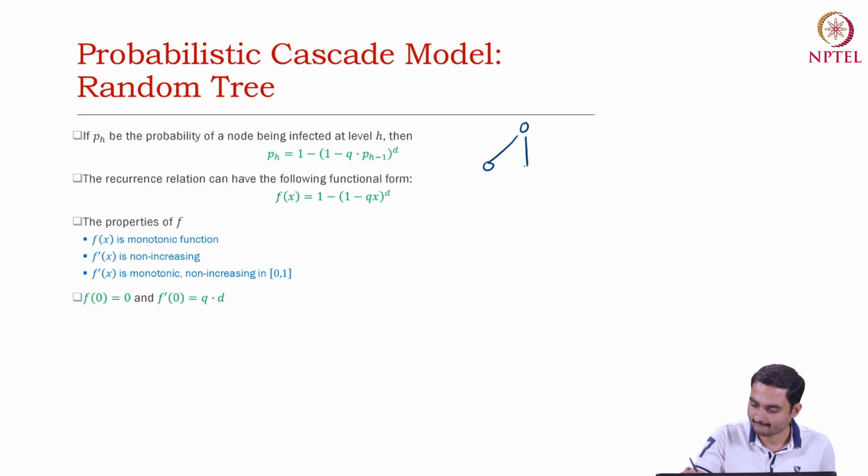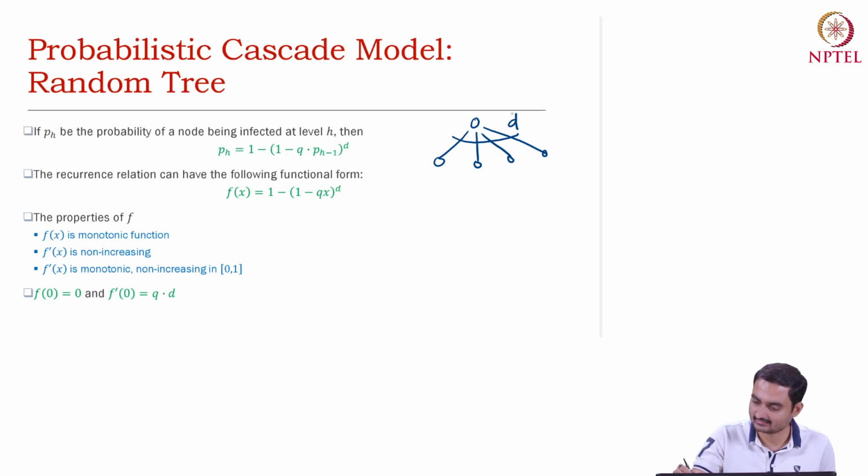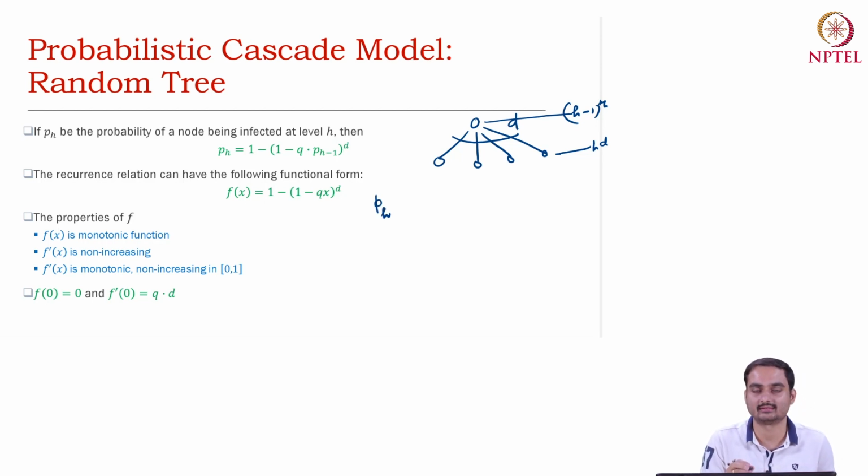Each node has d children. Say this is the h minus 1th depth and this is the hth depth, and we will measure p_h, the probability that at least one node is infected at depth h.